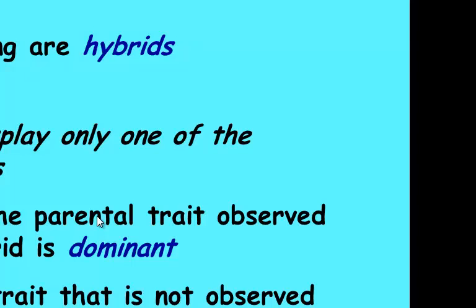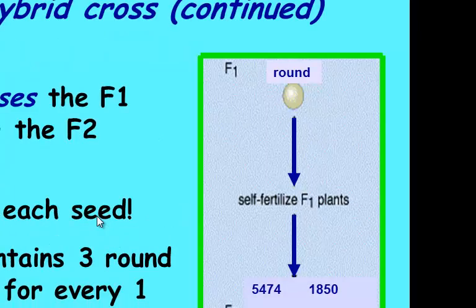The trait that he observed that masks the presence of another trait is referred to as the dominant trait. So a dominant trait masks the presence of another allele or another trait, and a trait that can be masked is considered a recessive trait. The dominant trait is what you see; the recessive trait is present, but it's not shown.